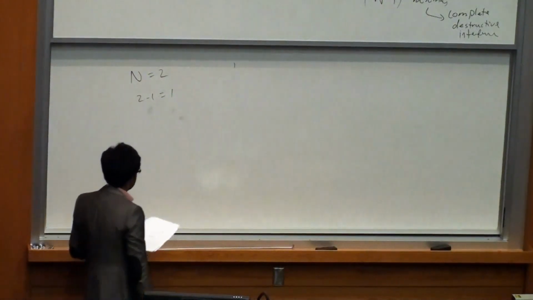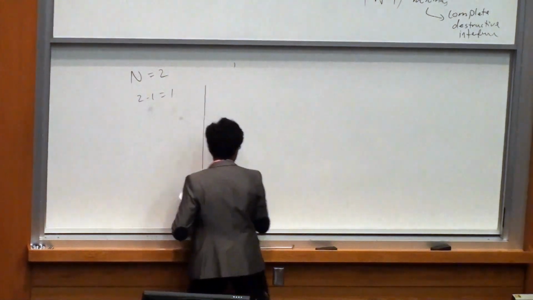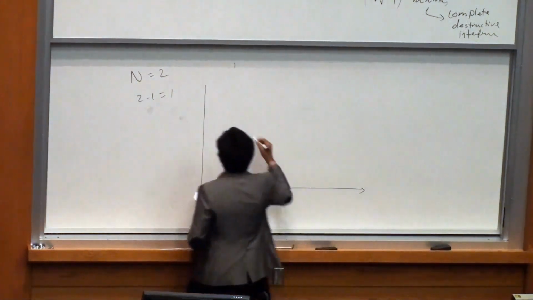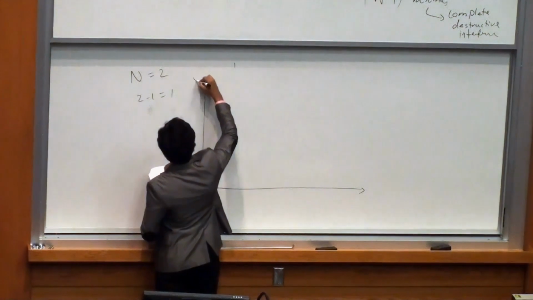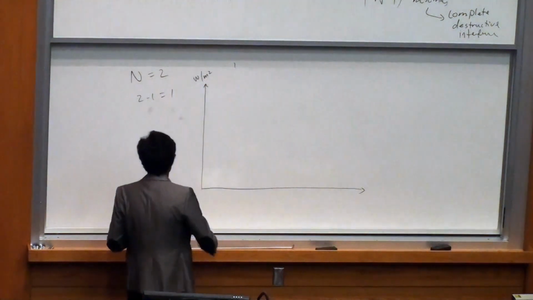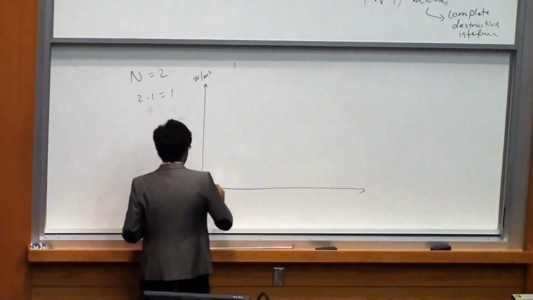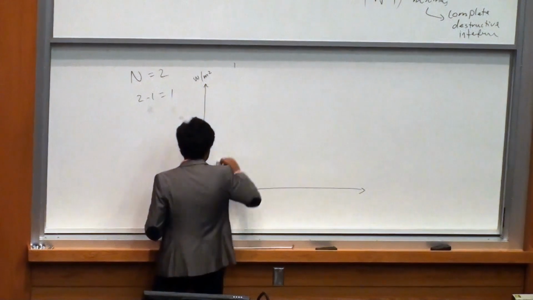So if you look at the intensities for this, the intensity again is going to be in watts per meter squared. It's energy per time per area.